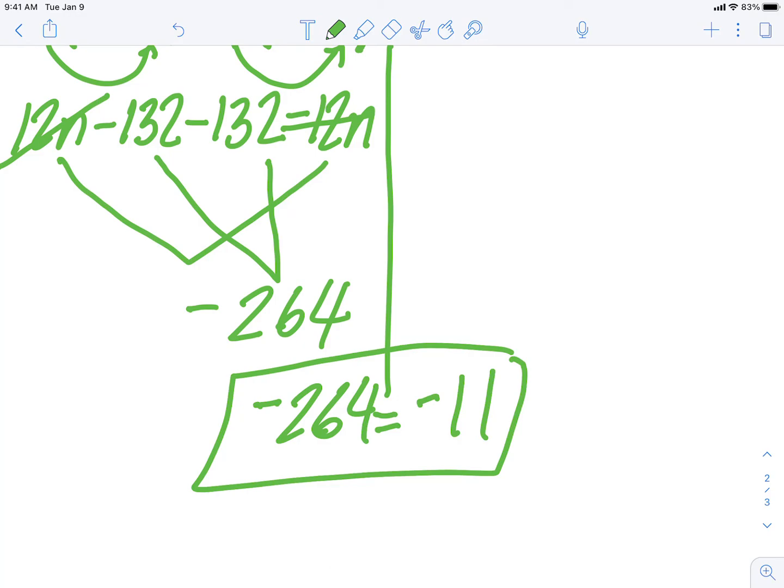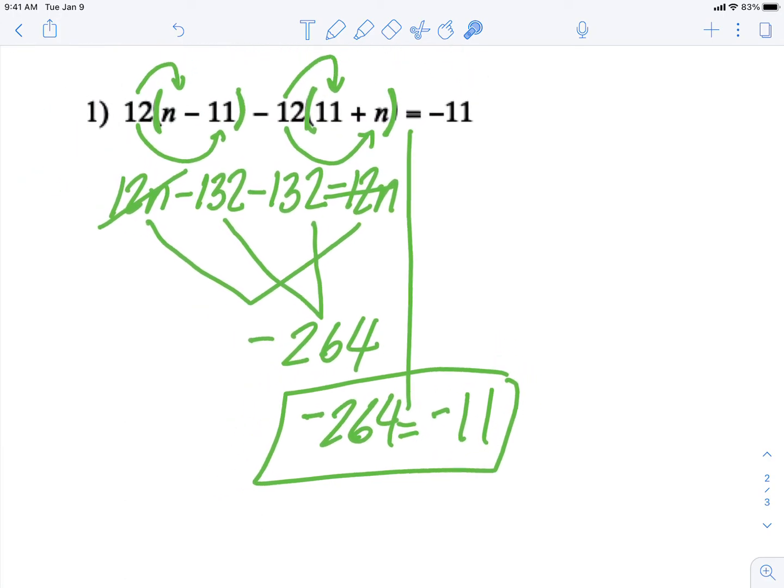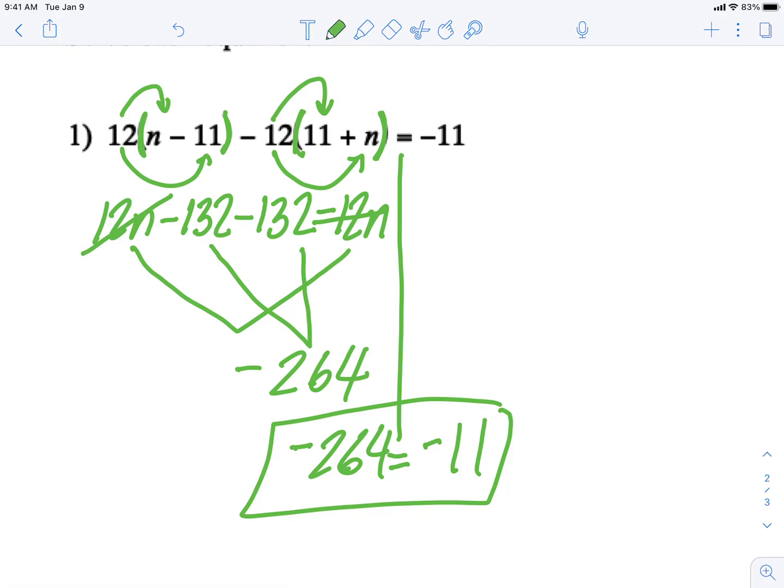But wait a minute. When in the world is 264 equal to 11, even if they're negatives? If you owe somebody $264, that is way different than owing somebody $11. These are not equal. These are not the same.